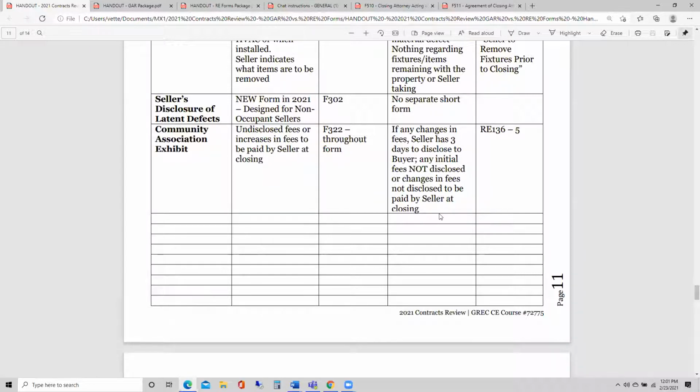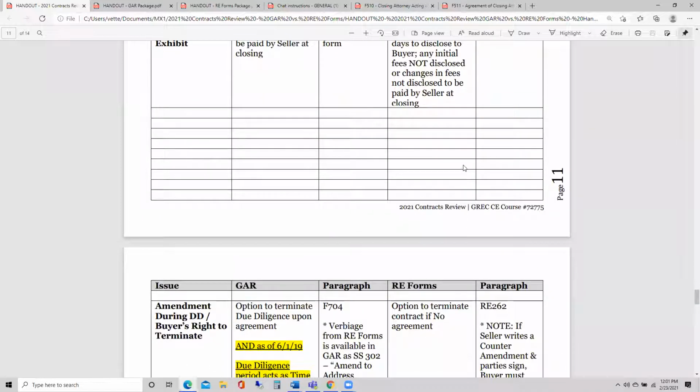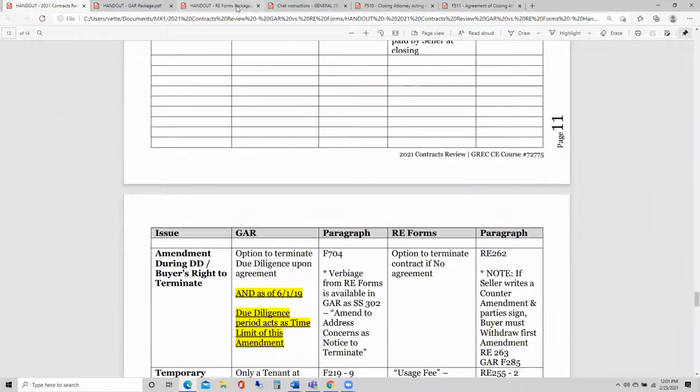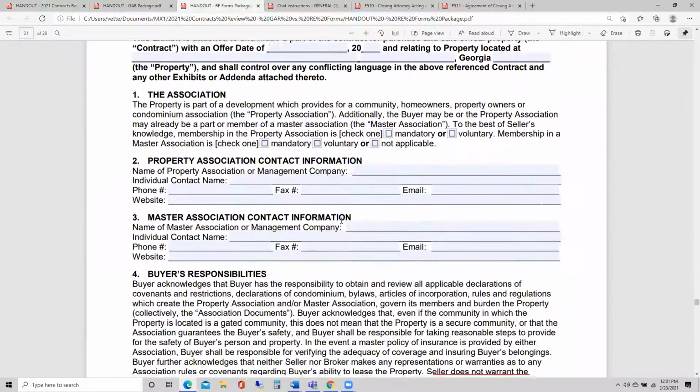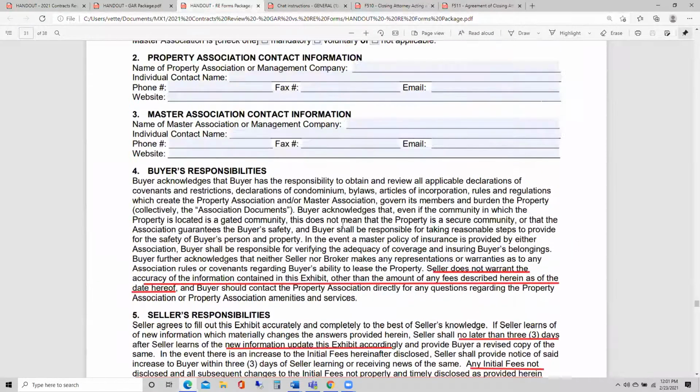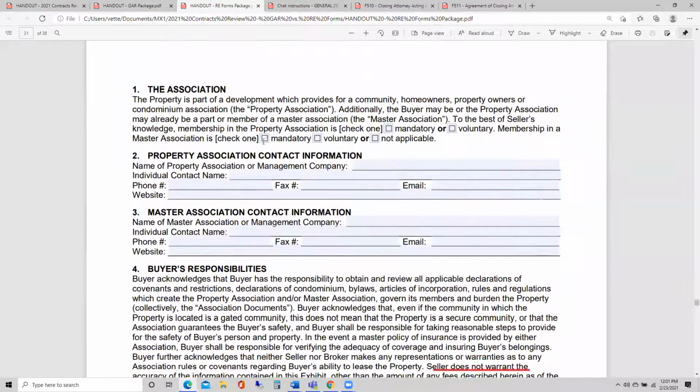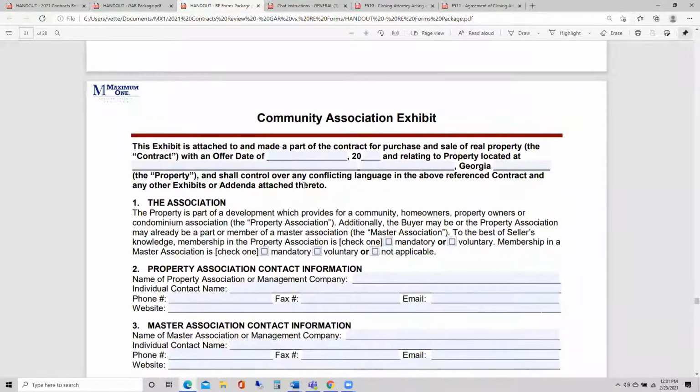For example, even if it is an initiation fee to join that HOA, which is typically a buyer benefit fee, if it was not disclosed or under disclosed by the seller, at closing, the seller is going to have to pay it. And again, that's in essence what they both are. The RE form prior to 2019 put the burden on the buyer and said, look, buyer, Georgia's a caveat emptor state.